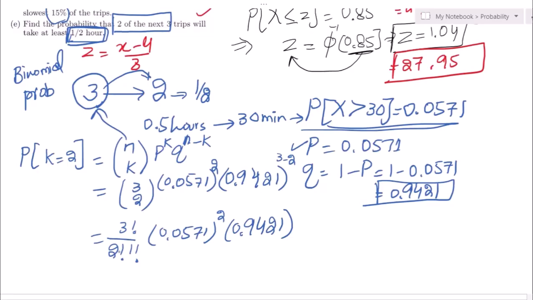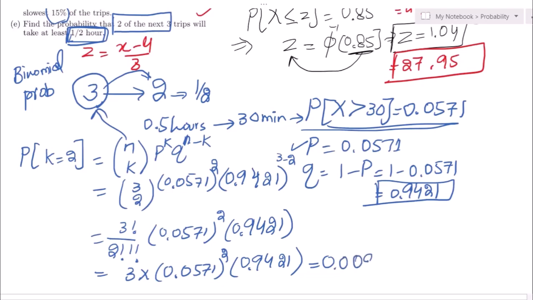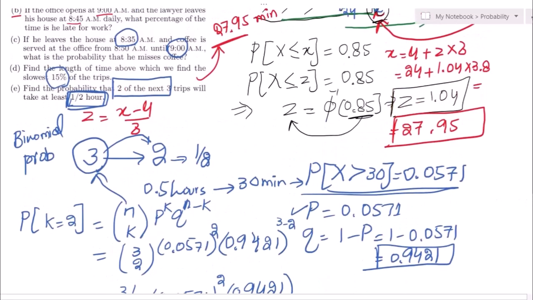This will become 3 multiplied by 0.0571 square and 0.9429. Calculating it and finding the answer, we will get 0.0092, and that is basically the solution of part E of my question.